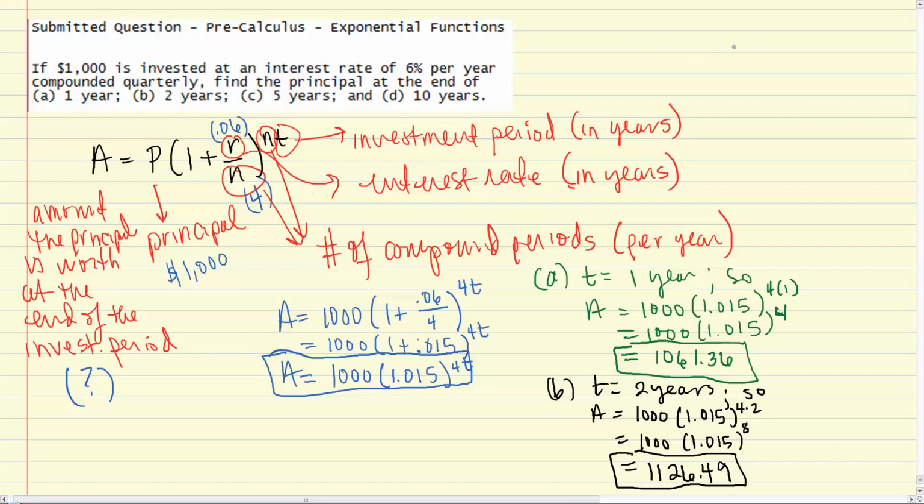In C, we have 5 years, so t equals 5 years.